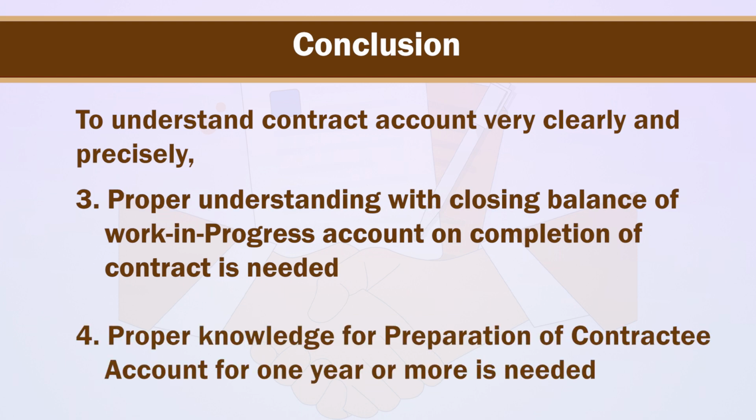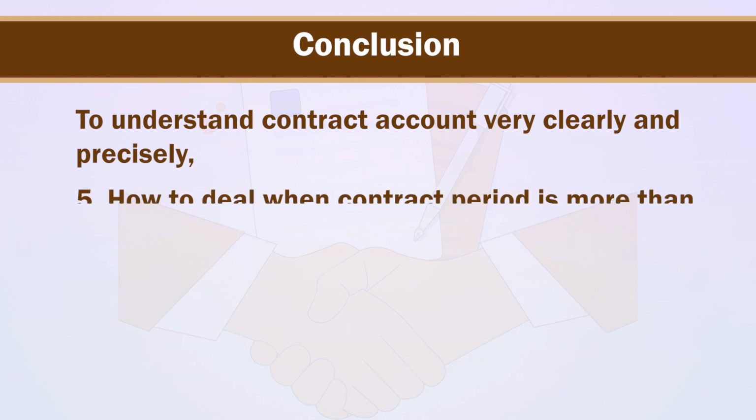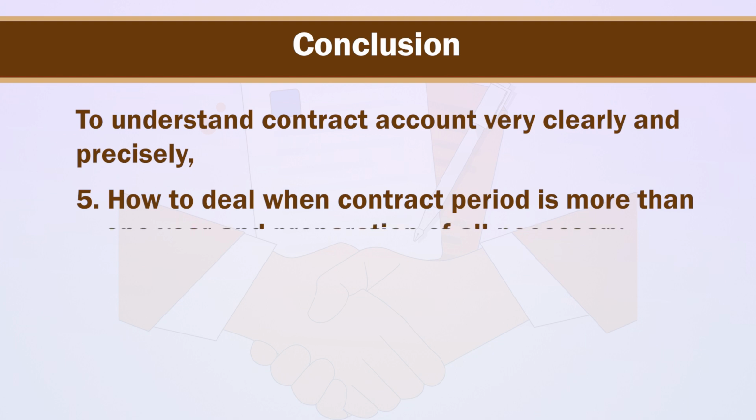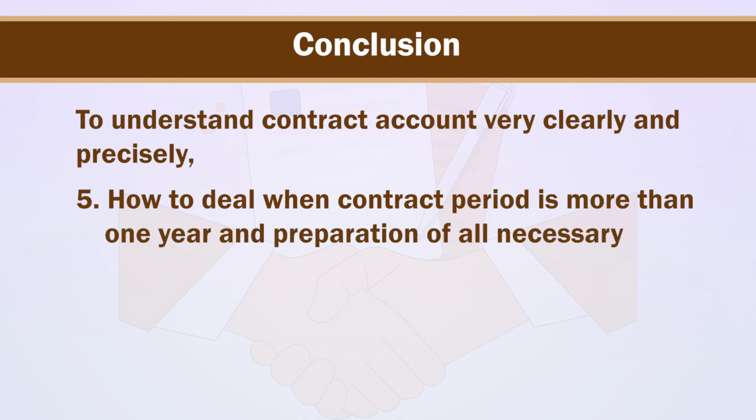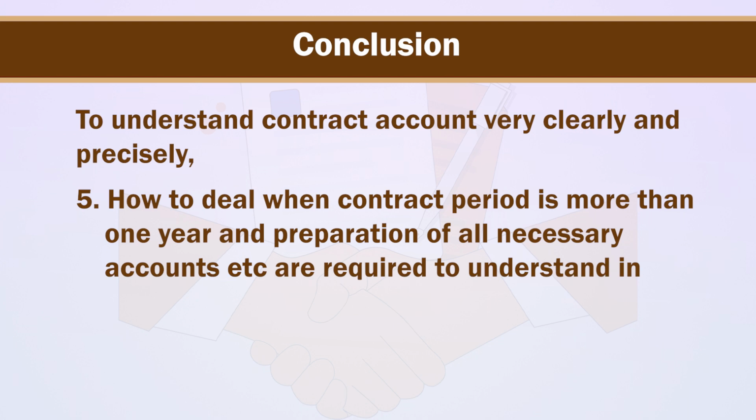Number 4, proper knowledge for preparation of contractee account for 1 year or more is needed. Number 5, how to deal when the contract period is more than 1 year and the preparation of all necessary accounts etc. are required to understand in commendable manner.